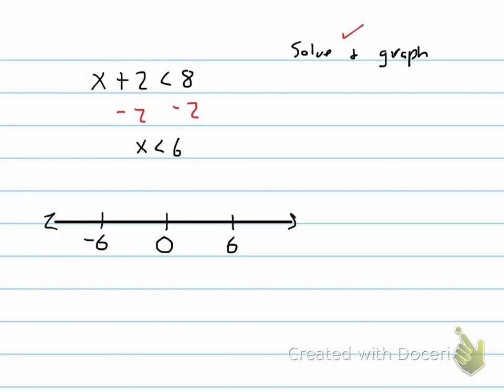This says x is less than 6. That's what that inequality is saying. So if it's less than, we use the open circle above the 6. And which numbers are less than 6? It's all the numbers down here. So I draw this, and I say all those numbers, and point the arrow, and I'm done. That's it. Okay, I'll pause here.